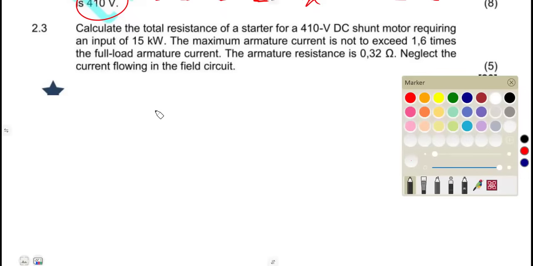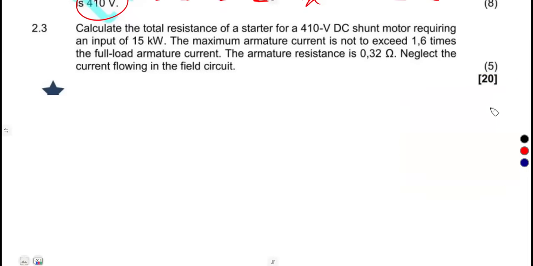From what we are given here, we have to consider some of the other things. 2.3, total resistance of the starter, it's a 410 DC shunt motor. So remember, a motor takes in what? It takes in current. So it was supposed to be like this, a shunt field.